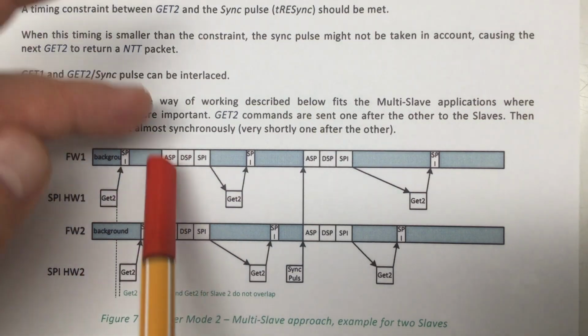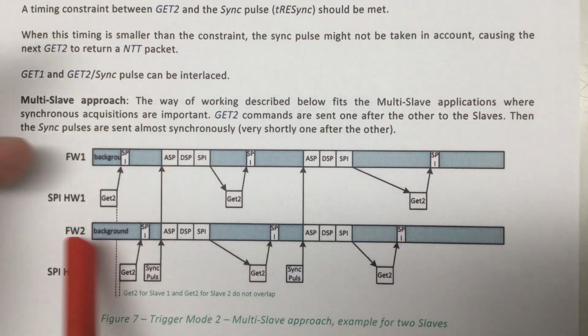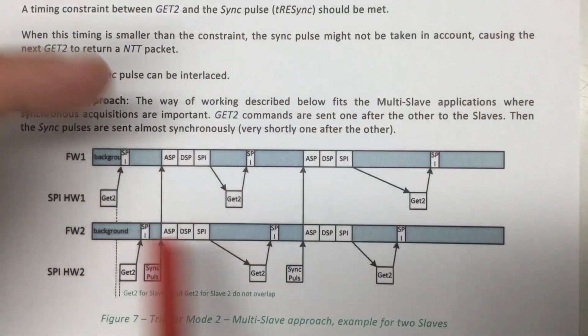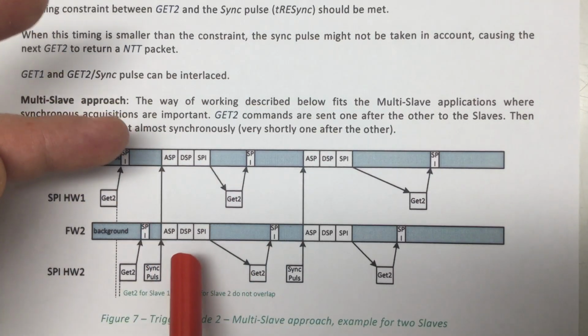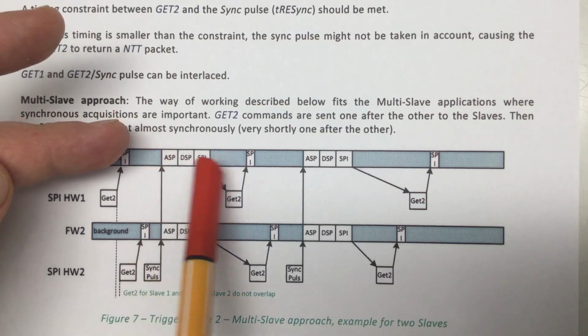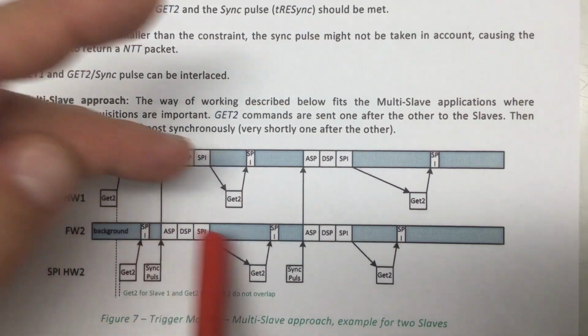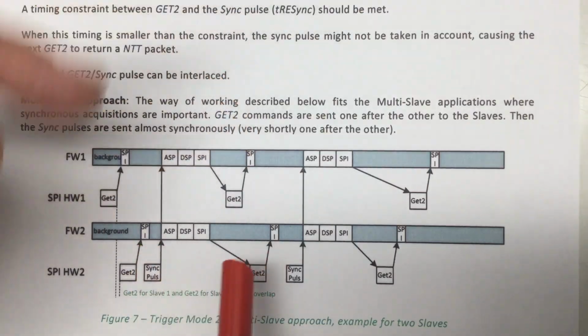But then pulling down the slave select line for all the slaves in a very narrow time frame, that's possible. And so you can synchronize the data acquisition and the signal processing and everything in several slaves.